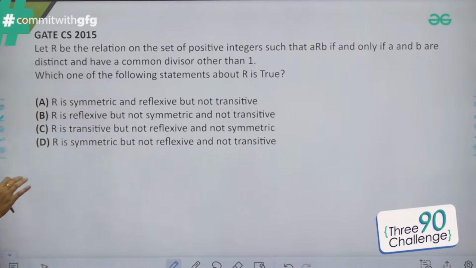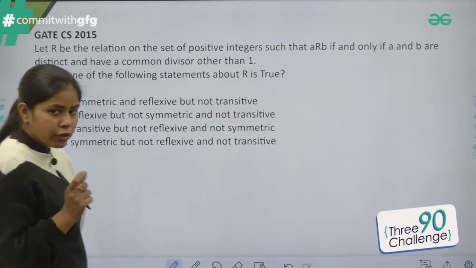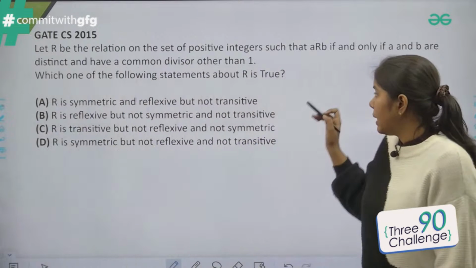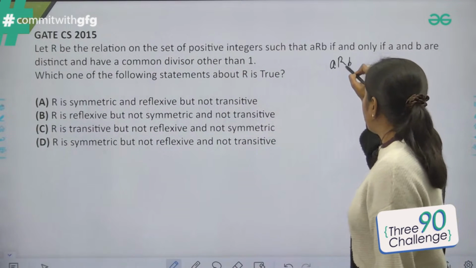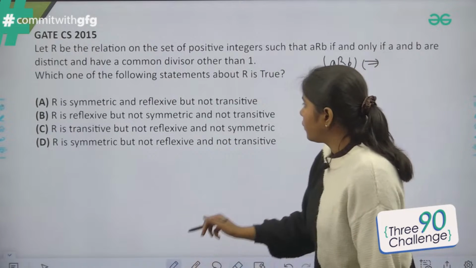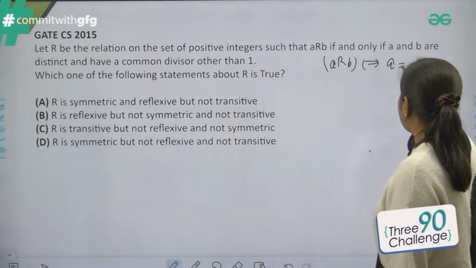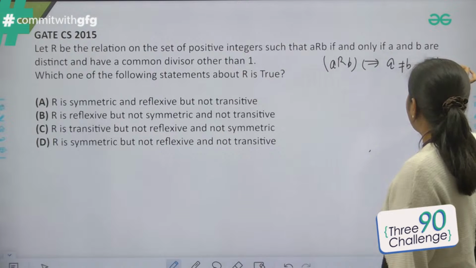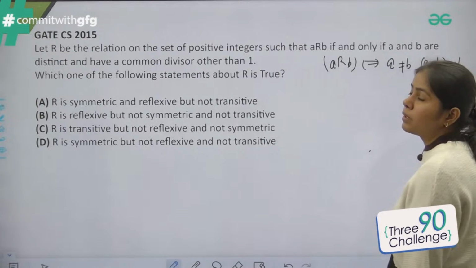It is transitive, reflexive, or symmetric. So what do we want from here? A is related to B if and only if A and B are distinct, and they have a common divisor other than 1, right?